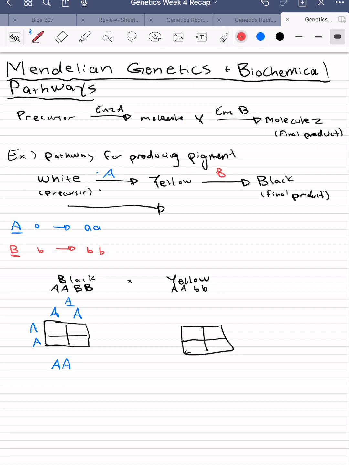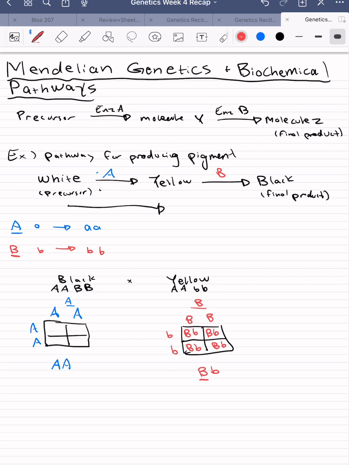At gene B, we see that one of the individuals is homozygous dominant, the other is homozygous recessive. If we were going to do a Mendelian cross or Punnett square, we will come to find that all of them will turn out to be heterozygous. It has at least one dominant allele, which means that it's coding and it's functional and it can produce the enzyme. So all of them.